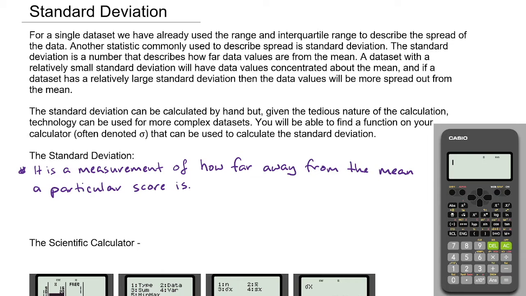So if you got more than 115 or less than 85, you are more than one standard deviation from the mean. 130 is 2 standard deviations above, and 70 is 2 standard deviations below. So we're talking about how far away from the mean a score is.